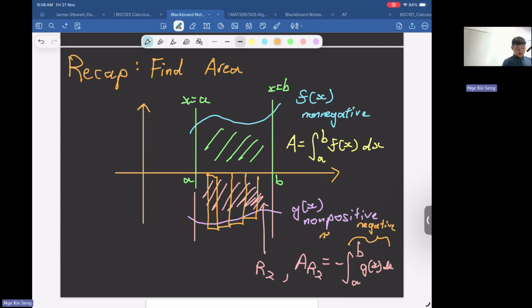So you put a negative beside a negative, and you will get a positive number. Okay, does it make sense? So that's why we have a negative beside the area.